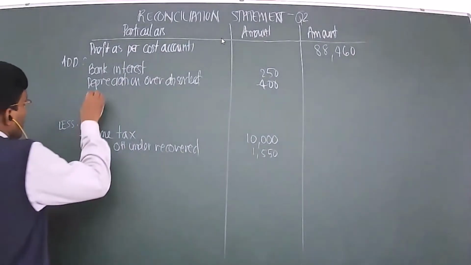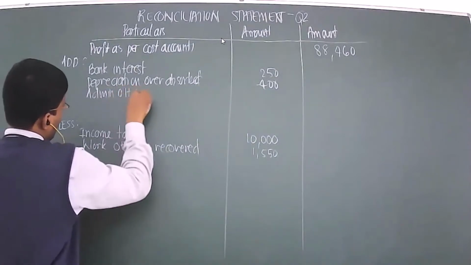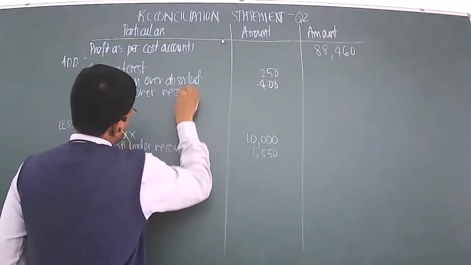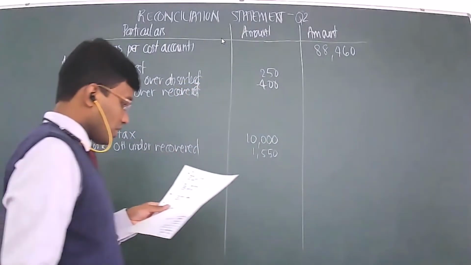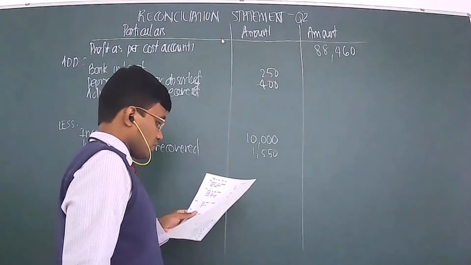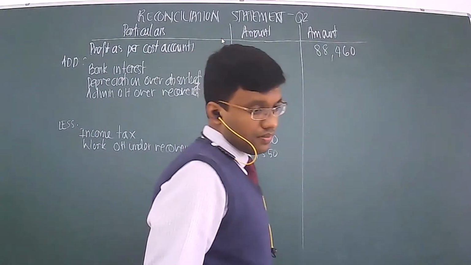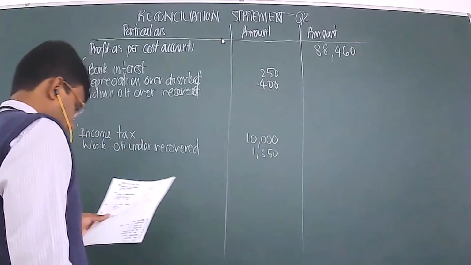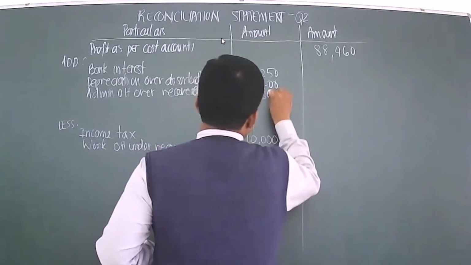Next one, admin overhead over recovered. How much is this? This works out to be 4,000 minus 3,150, so the amount of admin overhead over recovered is 850.